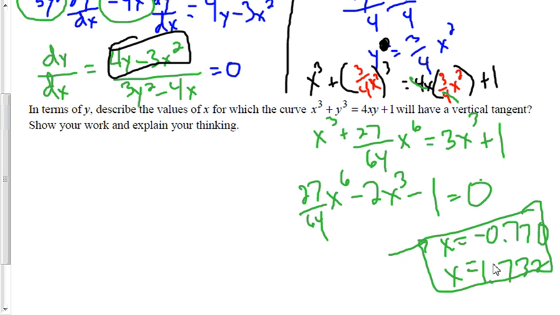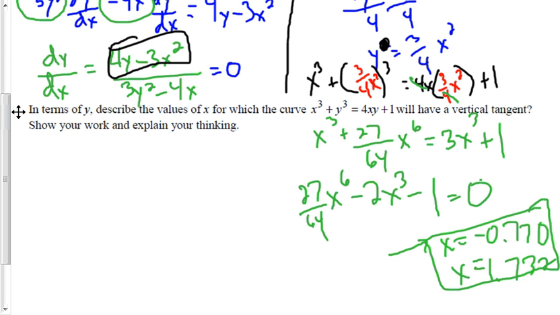And that is what we're going to get for when the original equation x cubed plus y cubed equals 4xy plus 1 has a horizontal tangent. It has a horizontal tangent when x equals negative 0.770 and x equals 1.732.